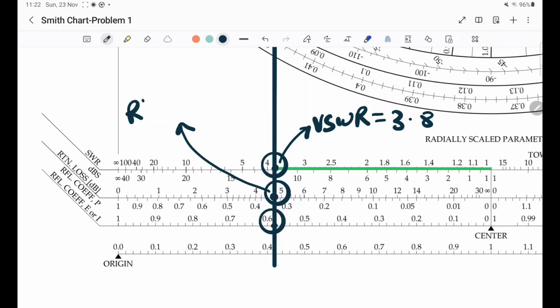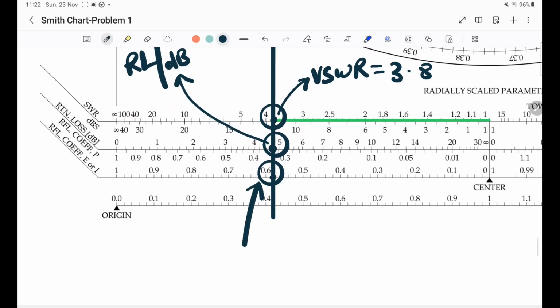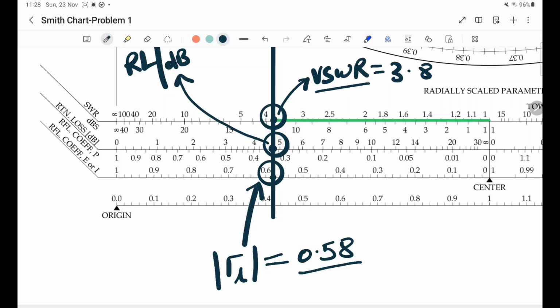So return loss in dB is 4.8 dB, and the mod of reflection coefficient for the load is somewhere 0.58 in linear scale. So we have found the value of the reflection coefficient magnitude at the load end. We have found the value of VSWR and we have found the value of return loss in dB.